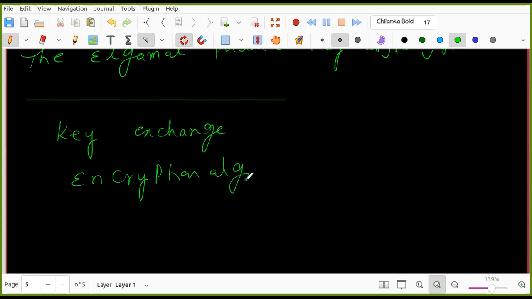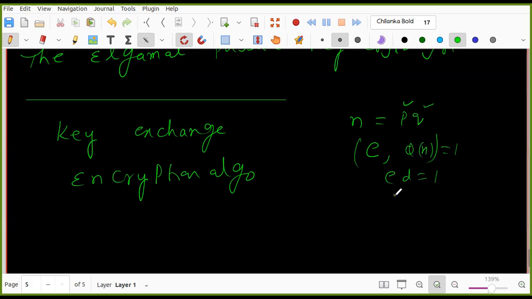In RSA cryptography, n equals pq. Bob will choose two big primes p and q, multiply them, and evaluate phi of n, and choose e and d such that ed is congruent to 1 mod phi of n. He will announce e and n as public, and d is private, right? That is the key exchange.